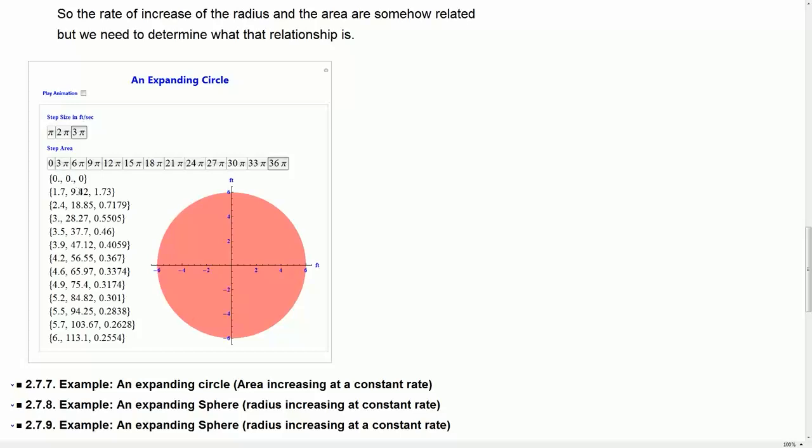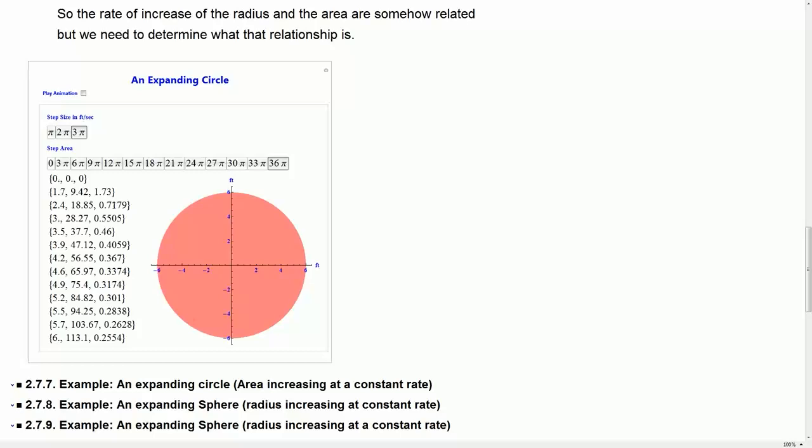And the radius changed from 0 to 1.73. It did a little rounding over here, but that's my change. My radius changed by 1.73 when the area went from 0 to 9.42. Now as I go from 3 pi to 6 pi, that's 9.42 to 18.85. Now my radius changed by how much?